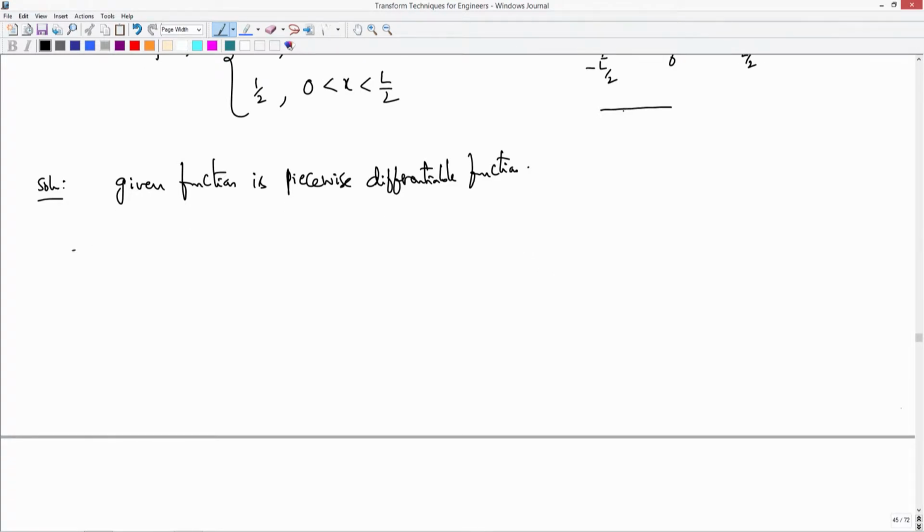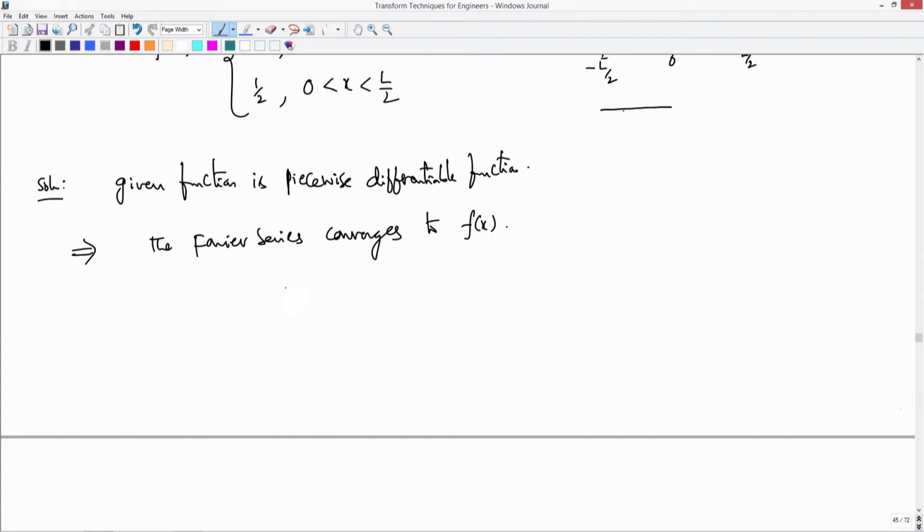So, this implies by the result that we have that the Fourier series converges to the function f of x, the given function.